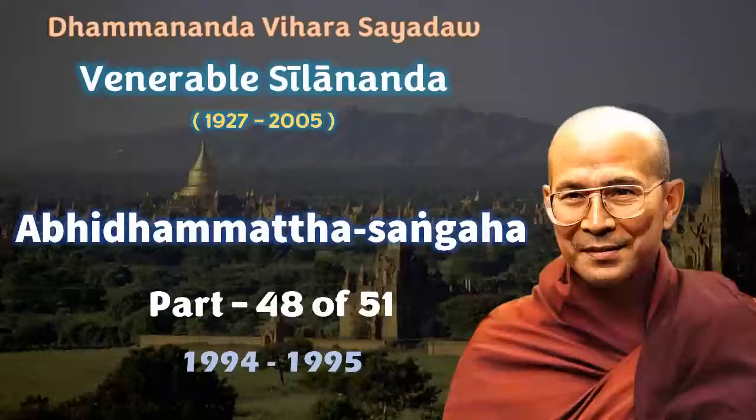But when it comes to the third thought process, you take the nama paññatti as object, right? And then the fourth thought process, again, you take the attha paññatti as object. So among the four thought processes, the first two take ultimate reality as object, and the second two take the paññatti as object.